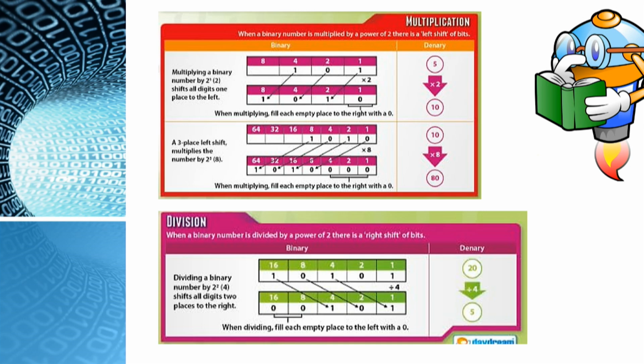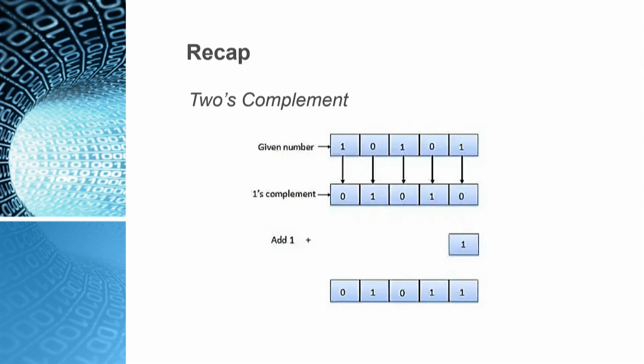On the other hand, when a binary number is divided by a power of 2, there is a right shift of bits. Finally, the lesson covered 2's complement, which provides a way of representing signed integers on computers. To convert the binary format to a 2's complement, we must replace the zeros with ones and ones with zeros. Then add 1 to the inversion to obtain the required conversion.